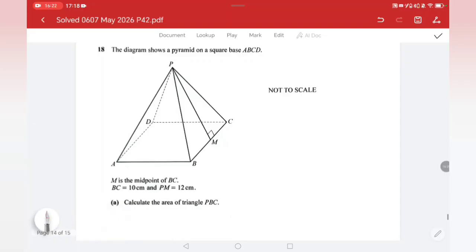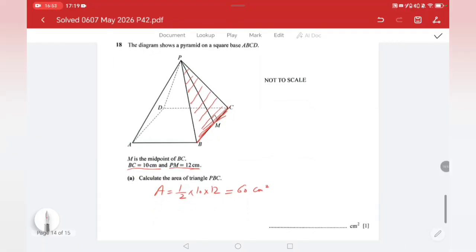To find the area of the triangle, since you have the height and you have the base, the area is 1/2 the base, which is BC, 10, times the height, which is PM, 12, so it's 60. So this one is 60. Done.